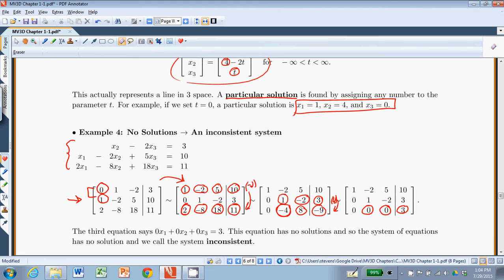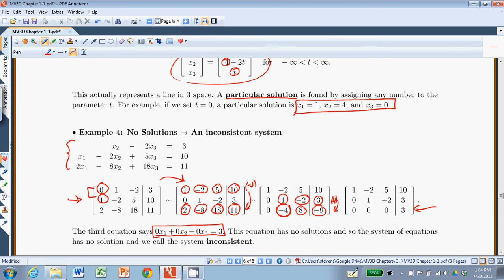And if I was to continue to pursue row echelon form, I would want to make that 0 a 1, but there's nothing I can do to get a 1 there. I can't switch my way into it. I can't multiply that row by any number to convert my 0 to a 1, so I'm really just stuck here. But if you look at that row and write it as an equation, that equation is 0 times x1 plus 0 times x2 plus 0 times x3 equals 3.